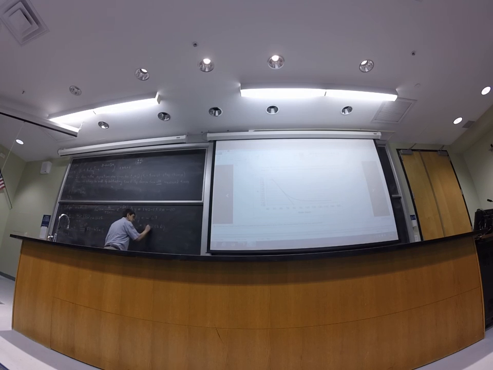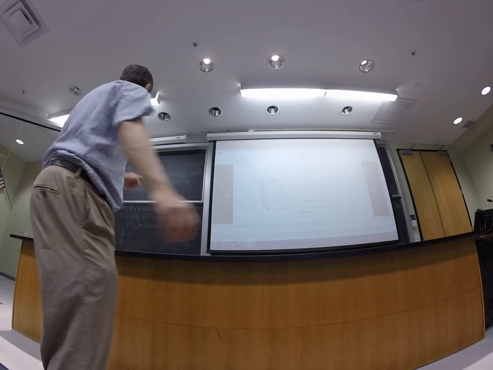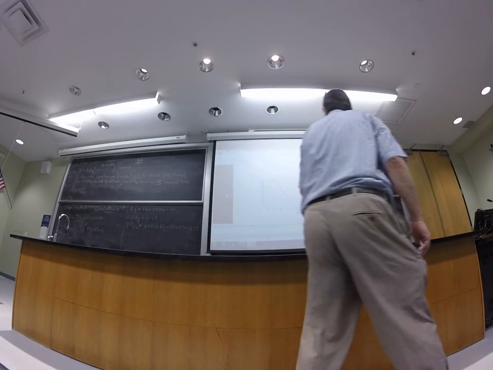Sorry, plus, that was better, plus 0.63 delta y. So that's 150 minus 6.3, 143.7. So t63, I read the graph, is where the measurement is 143.7.